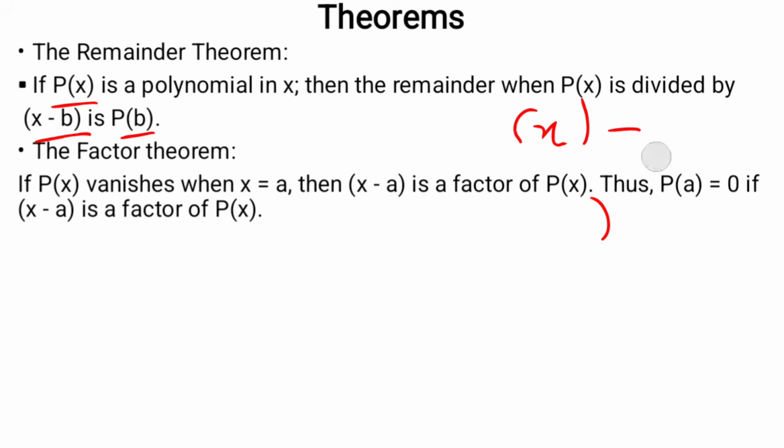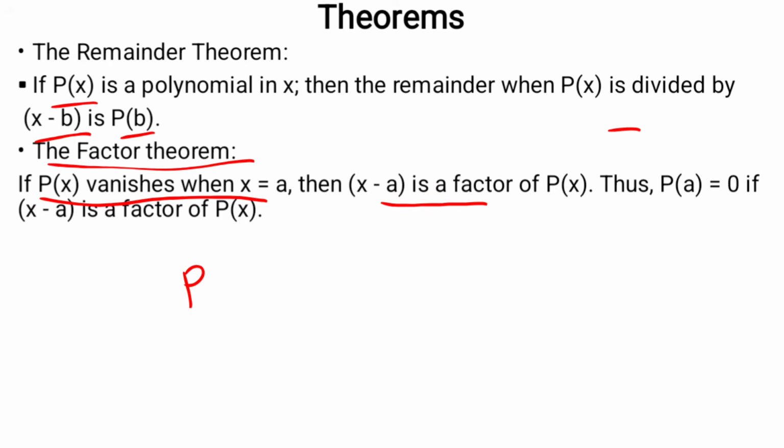Now, for the factor theorem, it says that if this same polynomial vanishes whenever x is equal to a, then x minus a is a factor of p(x). That is, if p(a) is equal to 0, that's what it means by vanishing.